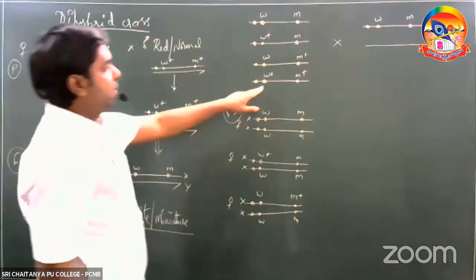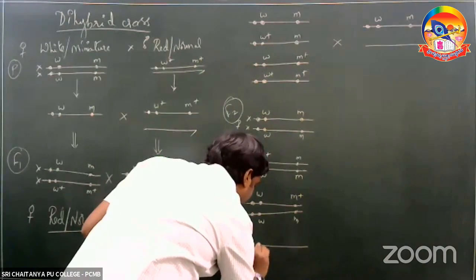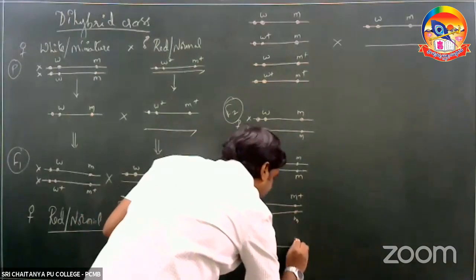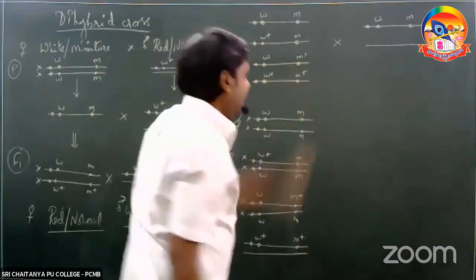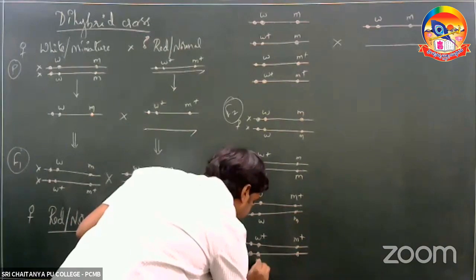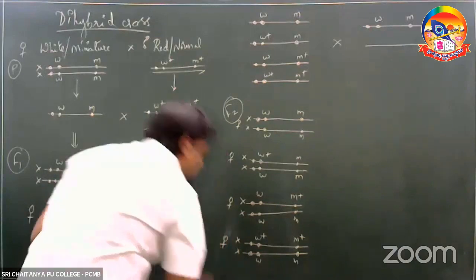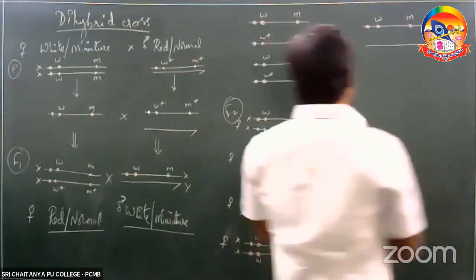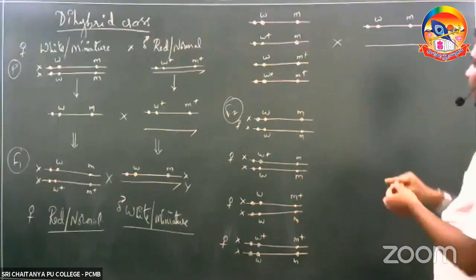The last X chromosome of the female gamete, containing the alleles W plus and M plus, is again crossed with the X chromosome of the male gamete having the alleles W and M. Again, both are X chromosomes, so this individual also would be a female. So these are the 4 different offspring that have been formed. Next, again, all of these 4 gametes fuse with the Y chromosome. So what do we get here again?